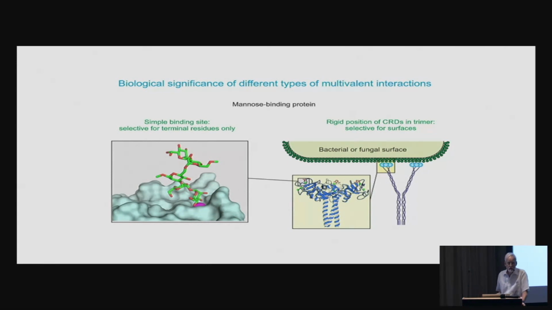There's a very specific characteristic of the way those binding sites are held together, which is that they're absolutely rigidly positioned. This is not like an antibody where you have Fab domains that are flexible. This is absolutely rigid, and you can see the 3 binding sites there.